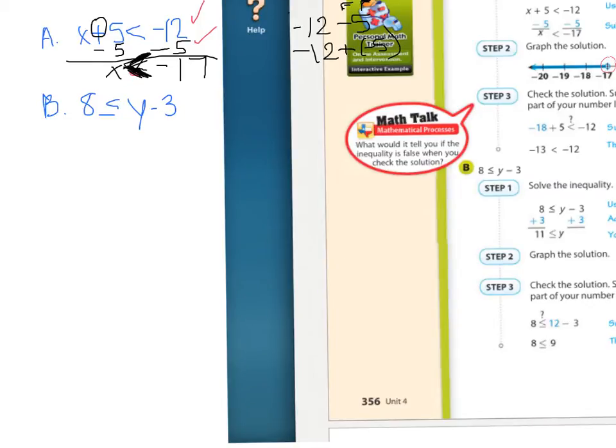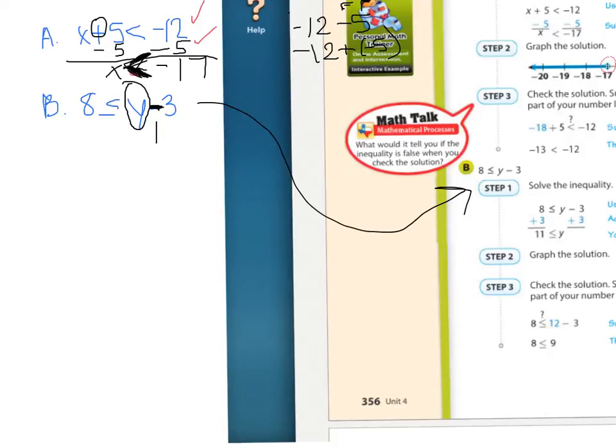Looking at B, which is right here, it says 8 is less than or equal to y minus 3. Remember, what we want to do is get y all by itself, so we're going to move this 3 over to the other side. Remember, you have to do the opposite, so this is y minus 3.